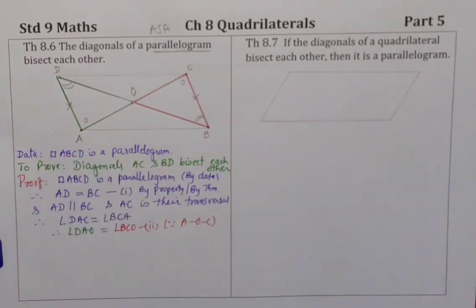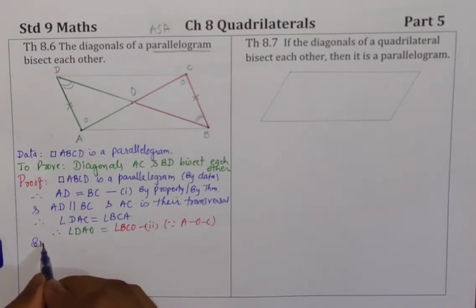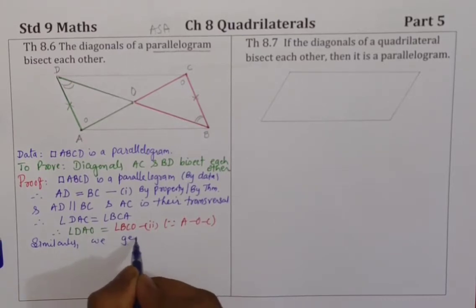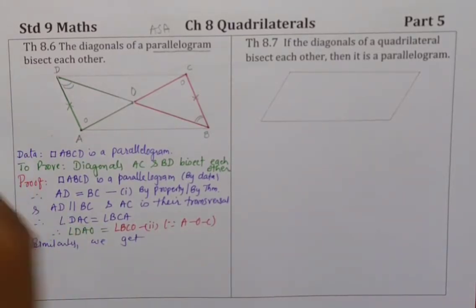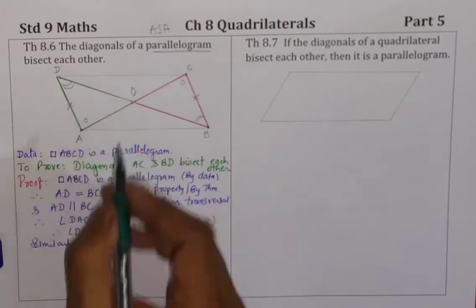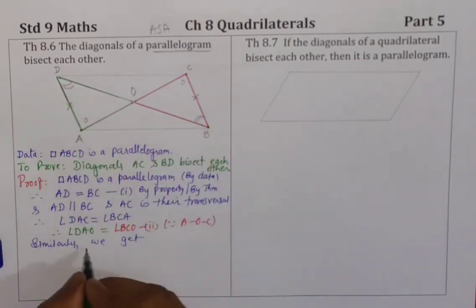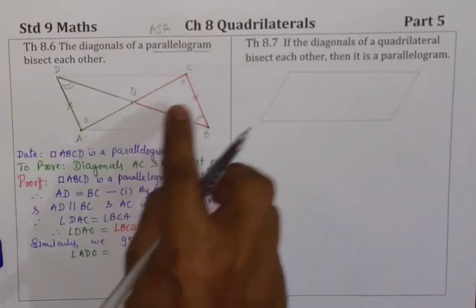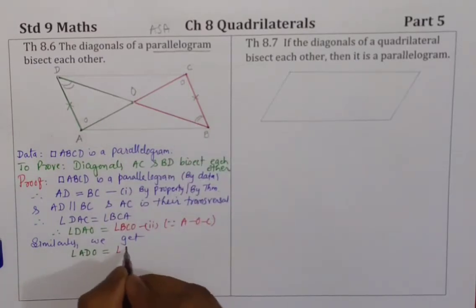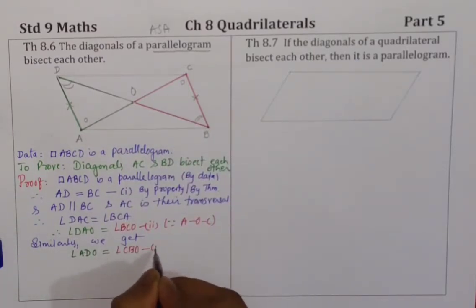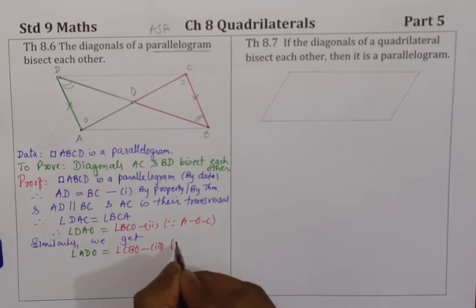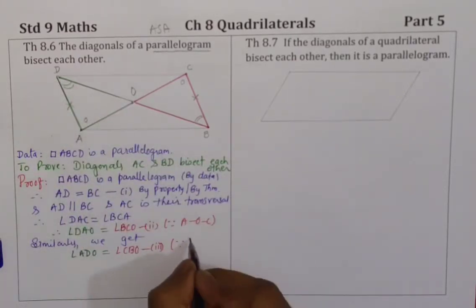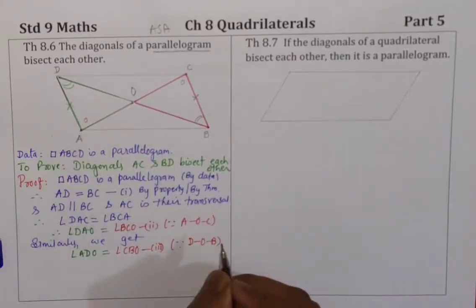Now I am going to write one statement. Similarly we get, which angle? Angle ADO, we already wrote the symbol. Angle ADO equal to angle CBO, call it 3. And here the reason is D-O-B.